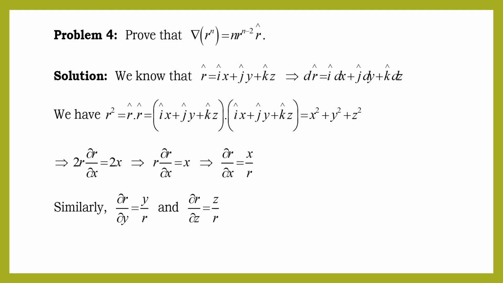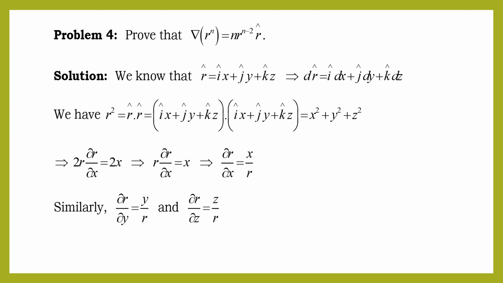Let us take problem number 4. In this problem, we have to prove a formula: del r^n equals n r^(n−2) r cap. Solution. We know that the vector r cap equals i cap x + j cap y + k cap z.